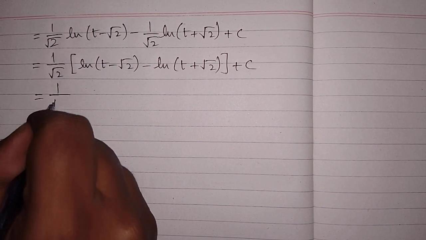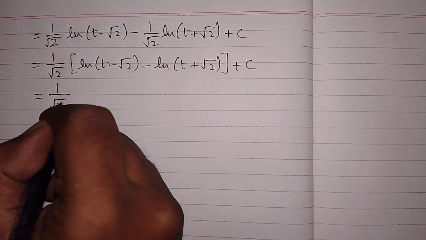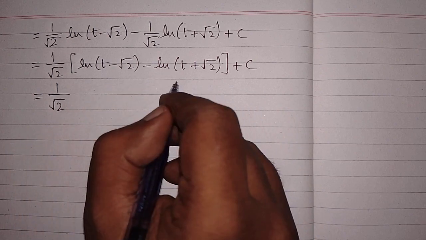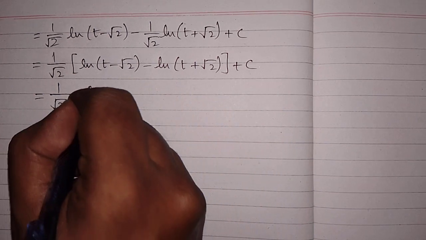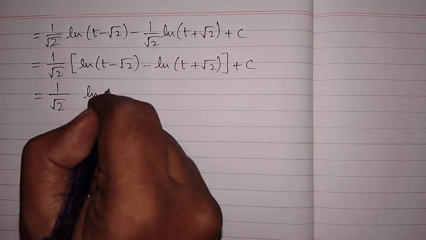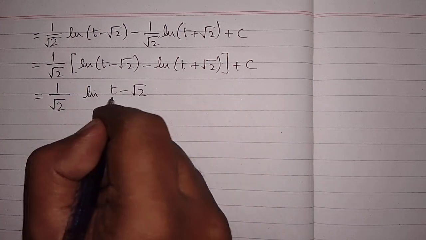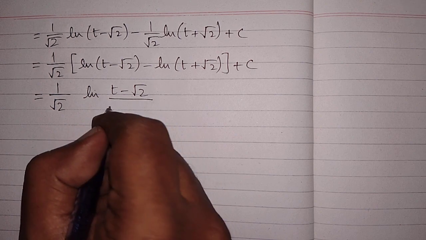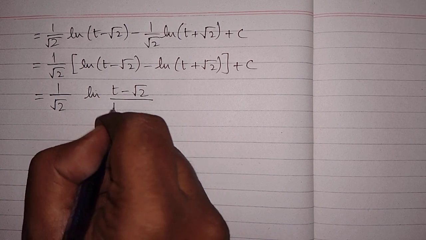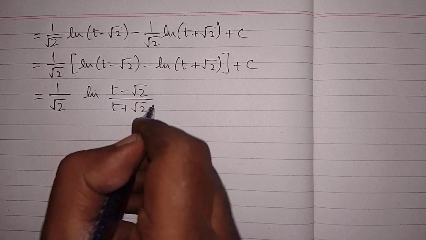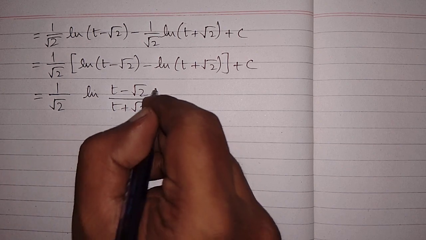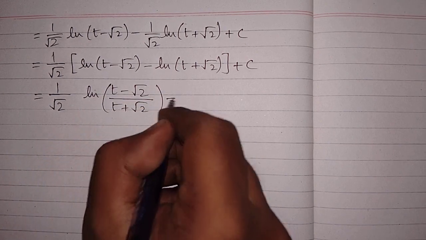Now we use the property of log, that if we have difference of two logs, then this can be written as the quotient of these values. So we have ln of t minus under root 2 upon t plus under root 2 plus c.